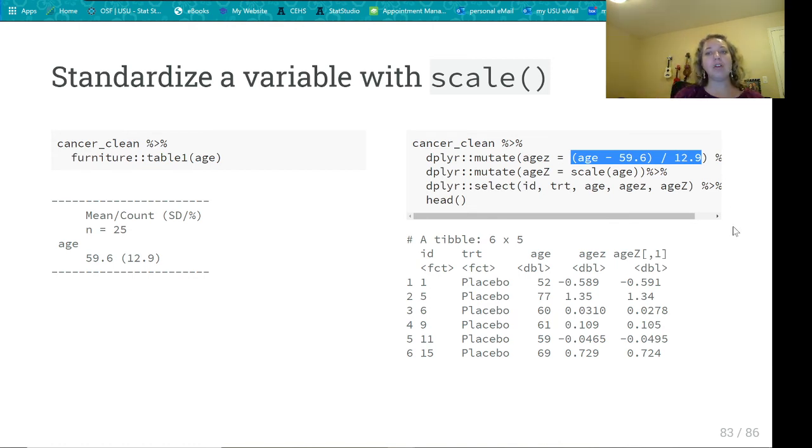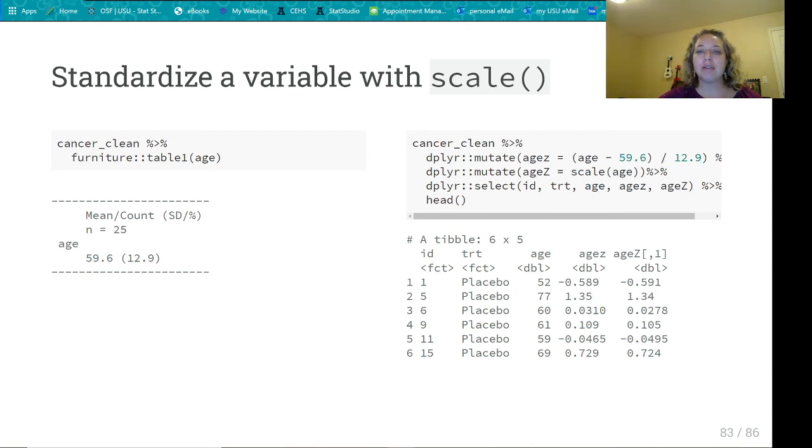So I've typed out with parentheses, subtract and divide, how we find a z-score. Remember, it's a two-step process. Take our number, x, whatever it is, subtract the mean, and divide by the standard deviation. Preferably the population values, mu and sigma, but if we don't have them, we can use the sample values of x bar and s that we got in our furniture table 1.